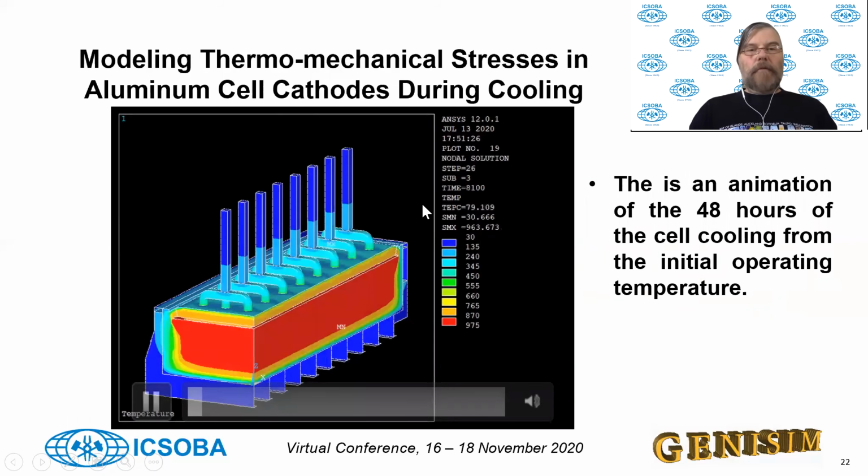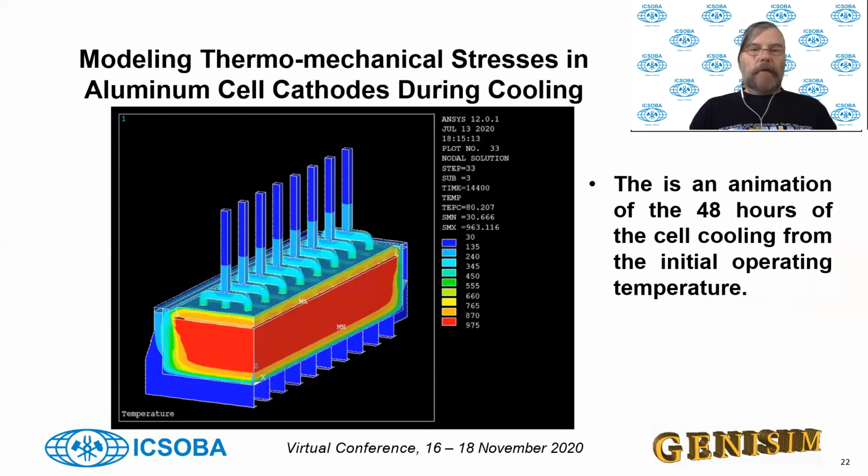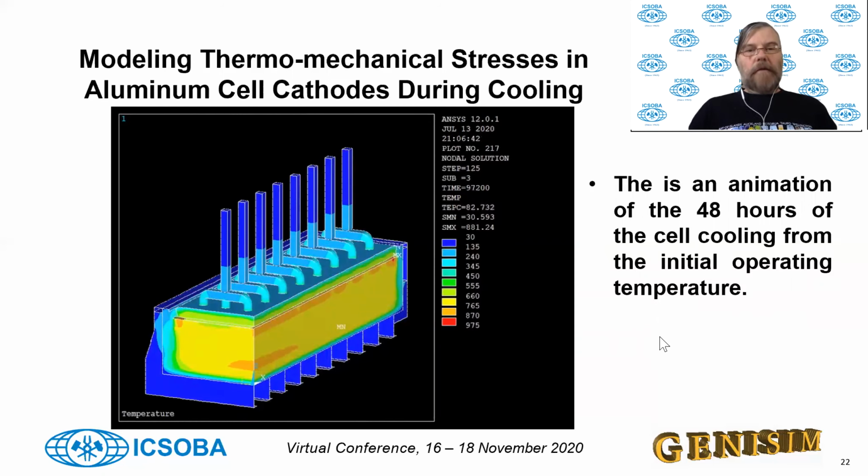I'm starting from operating temperature that was calculated with the steady state model that was presented in the previous presentation. From that point, we simply let ANSYS compute the cooling down with no more internal source of heat and the same boundary condition for the heat dissipation. And of course, now we have the bath and metal are thermal, and they have also a property to account for the latent heat of the phase change.